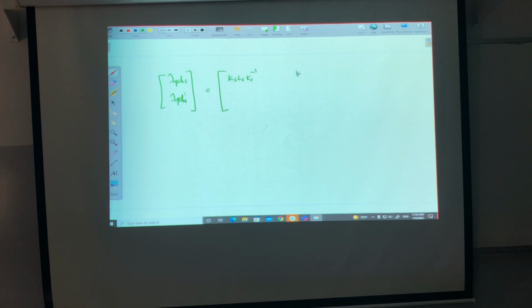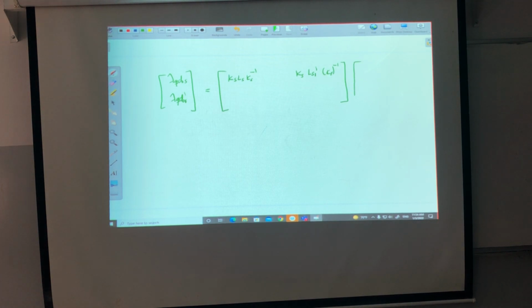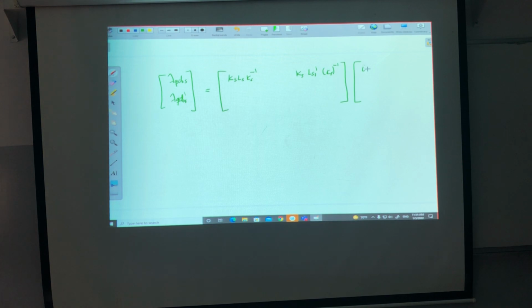And this would be the KS LSR dash KR inverse. Now here I'm having the current, the first current is IQD0S, the second current is the IQD0R dash. Now here I'm having the KR LSR dash transpose multiplied by KS inverse, and finally here I'm having KR LR dash KR inverse.